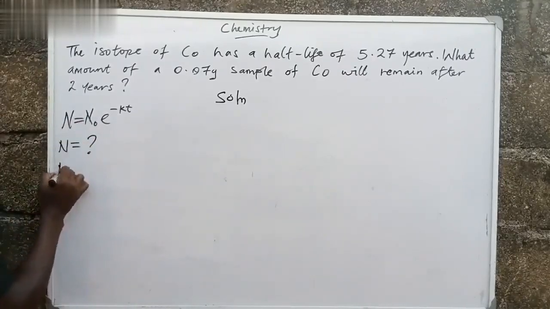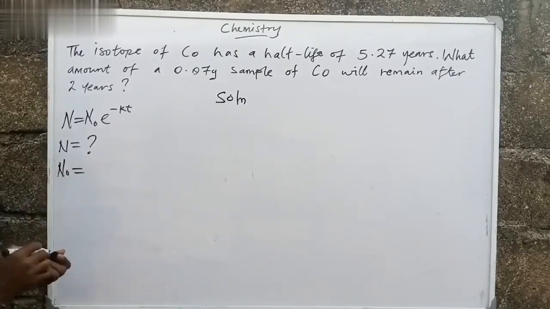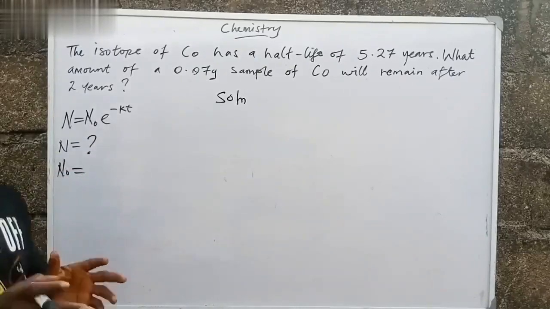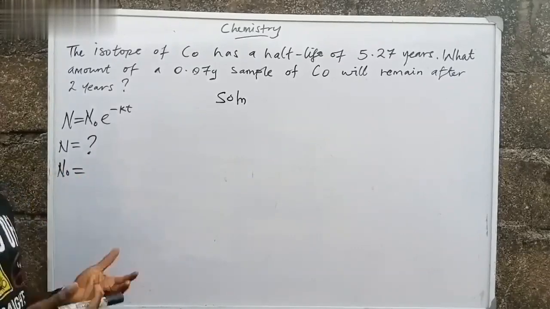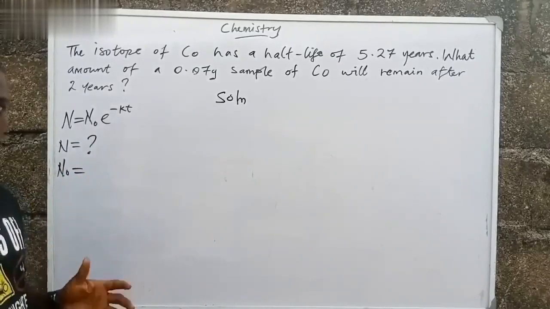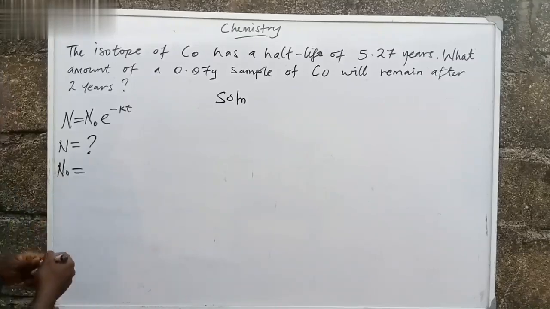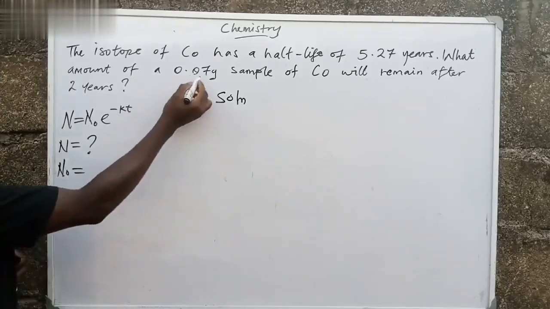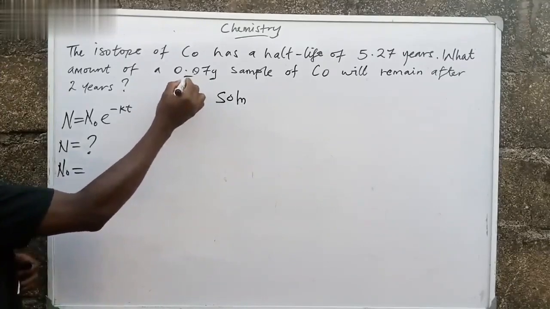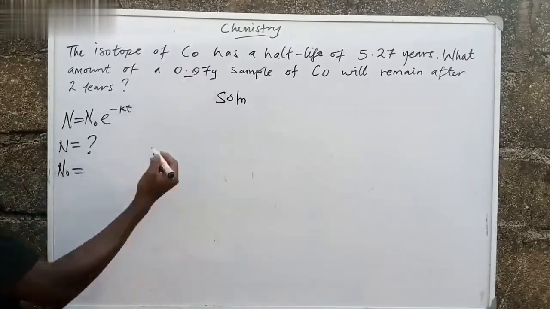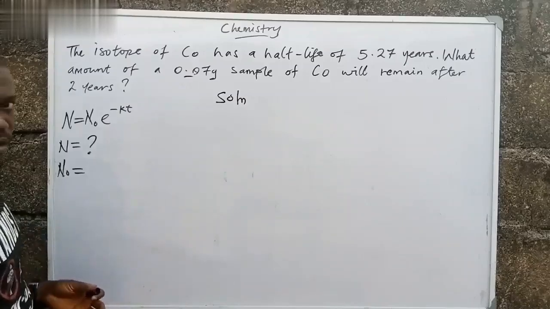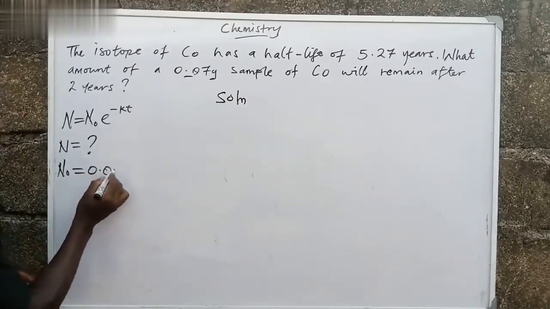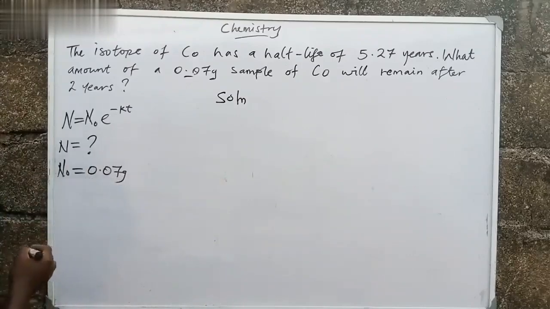Now, N naught represents the amount of particle present before any observable radioactive decay or radioactive change. So the value for that is 0.07 grams, the amount of cobalt present before any change occurred. Now we have e here. e is a mathematical constant.